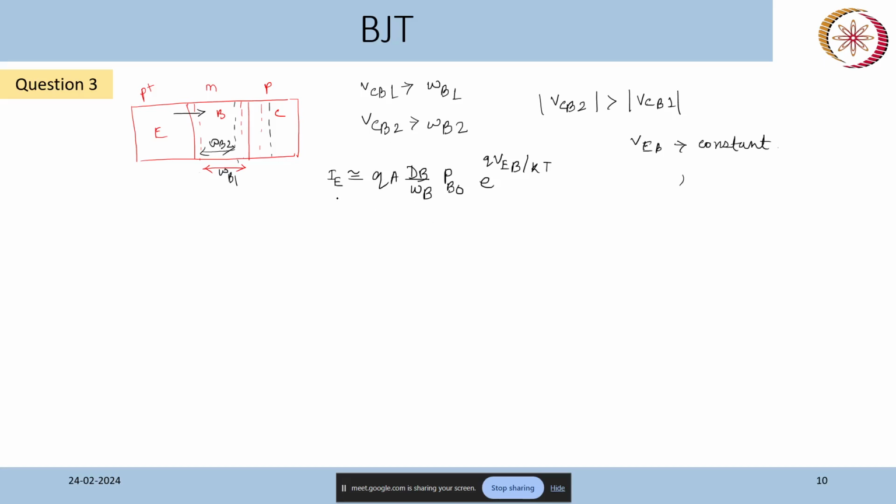Now here you can see that as effective base width decreases, current increases, right? So what it implies is that if the reverse bias voltage is more, then the effective base width will be less, and then the emitter current will increase. That means collector current also increases. And we know the current gain formula.